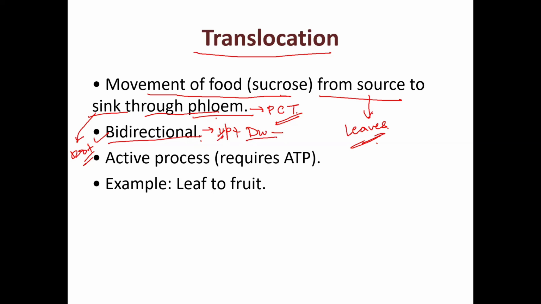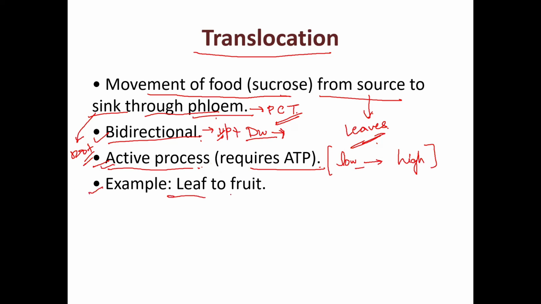In the downward direction, it is transported to the root area. It's an active process because loading of glucose is active and requires ATP. It always flows from low to high concentration, against the concentration gradient.